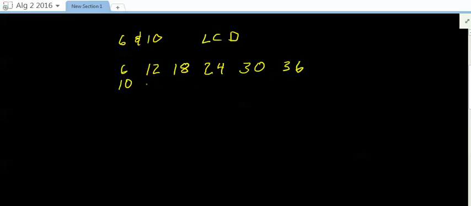I then multiply 10 by 2, 20, by 3, 30, looking for a match. And I see right here, I have a 30 up top, a 30 here, 30 is my least common denominator. There's other ways. Again, I don't care how you do it. I just expect that you can find the least common denominator.